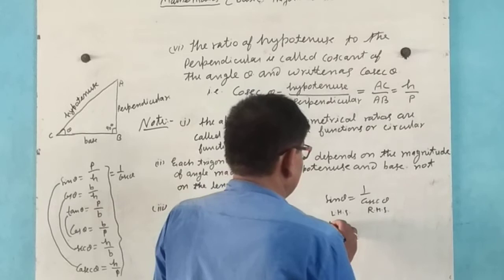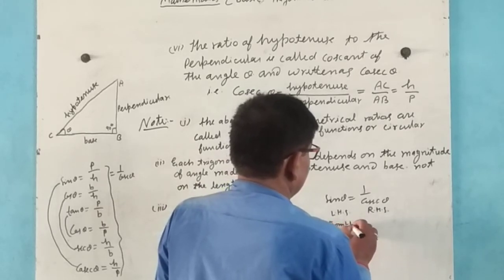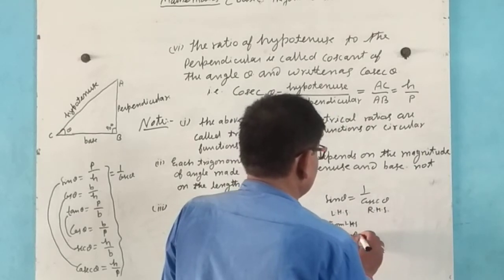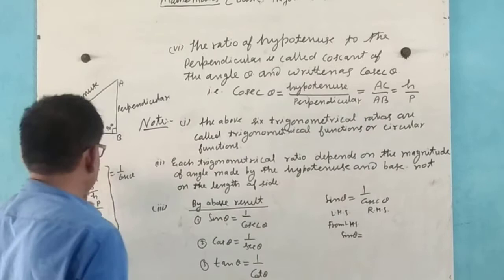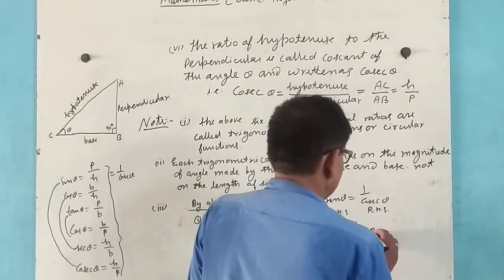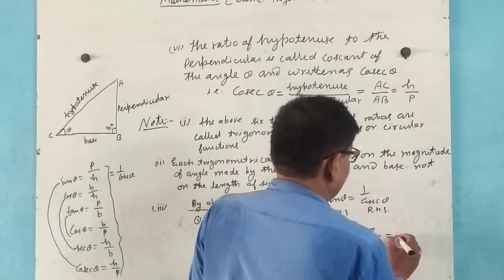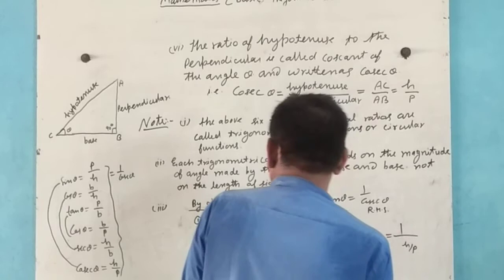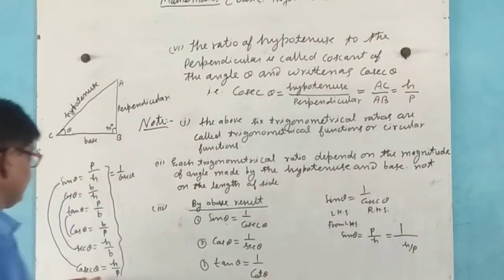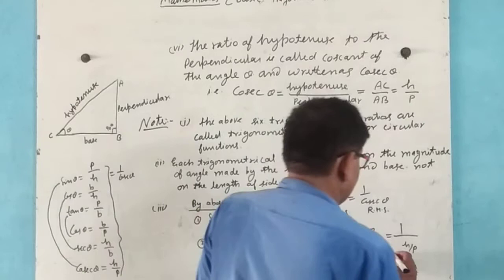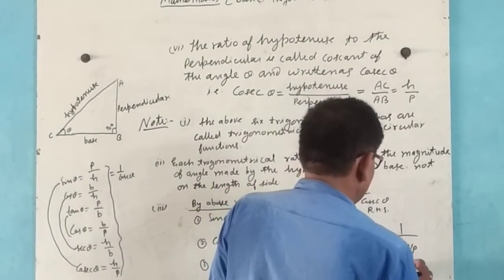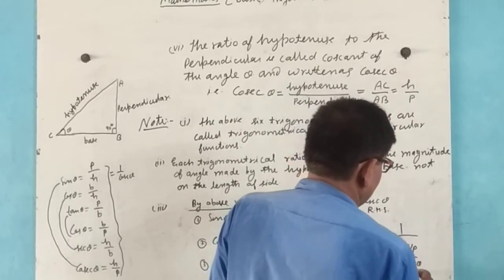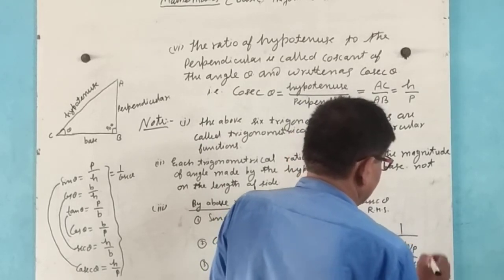Now, from left hand side, that is sin theta, sin theta can be written as P by H. It can also be written as 1 by H by P, and H by P is cosec theta. This can be written as 1 by cosec theta. It means that sin theta equal to 1 by cosec theta, which is the right hand side.